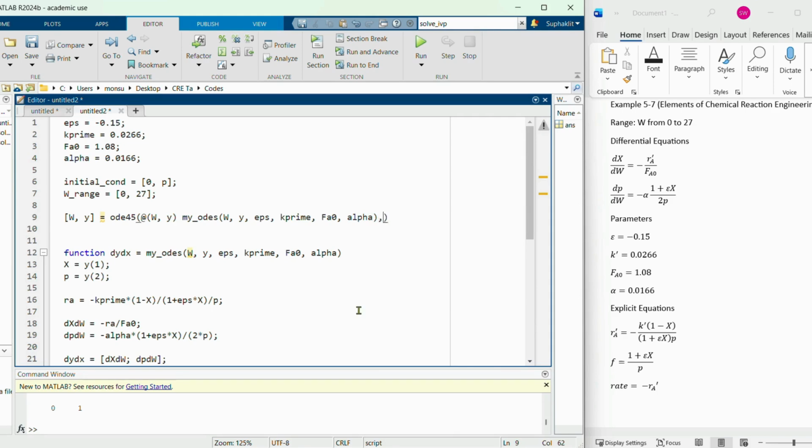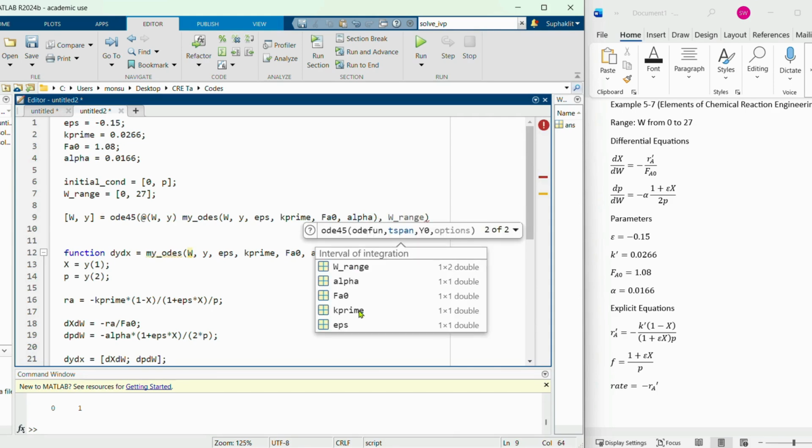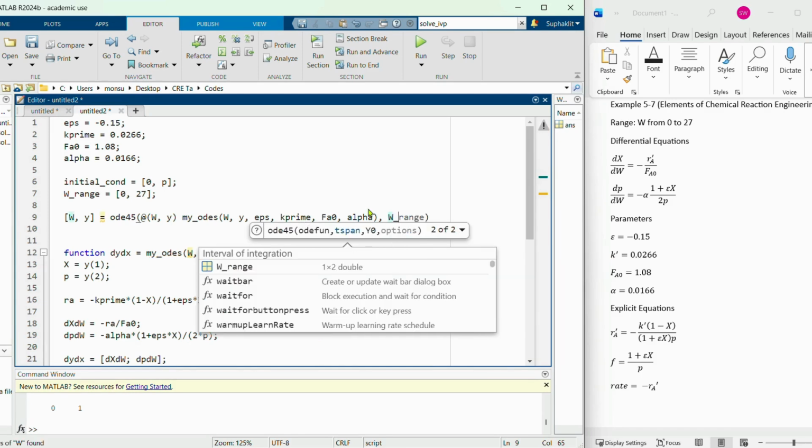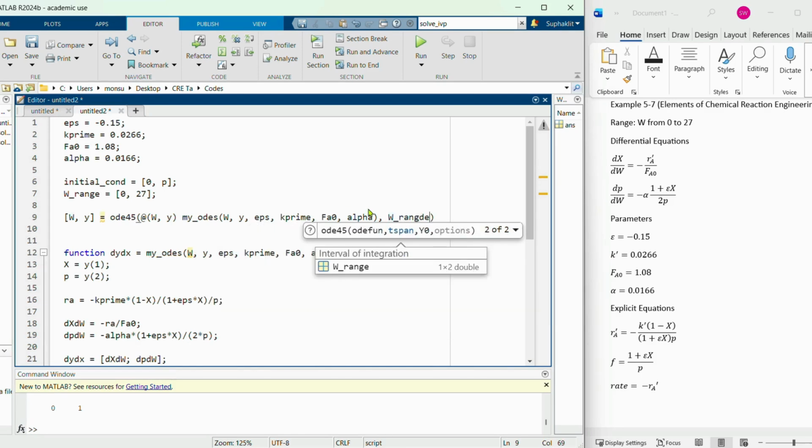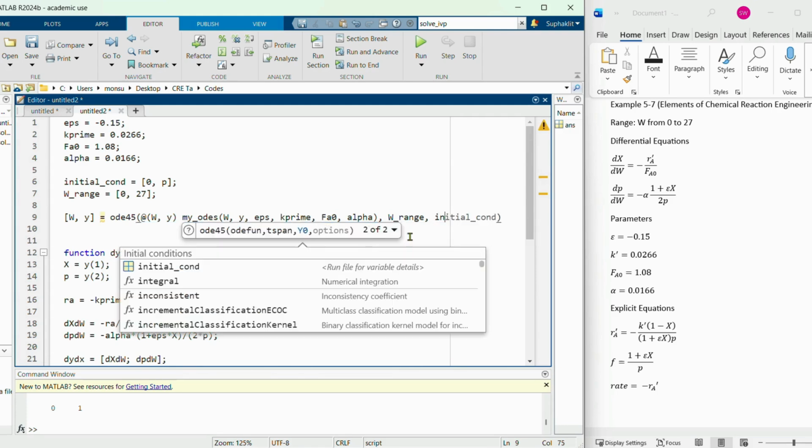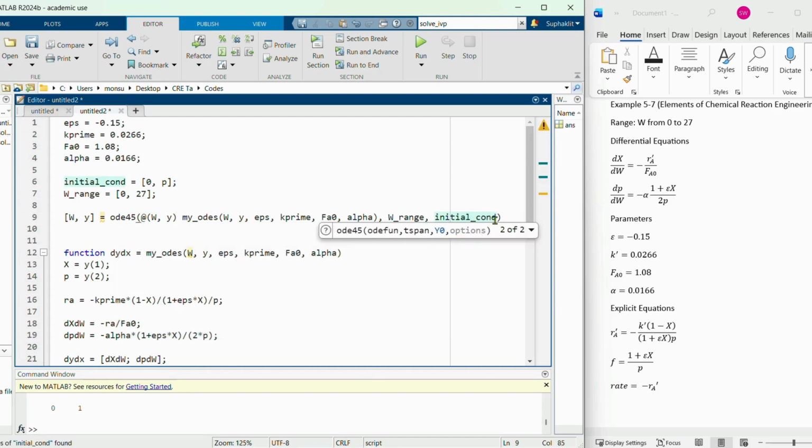And what we do next is we have to define the span, which is the range, the tspan or range. And we also have to define the initial conditions. Pass in the initial conditions.